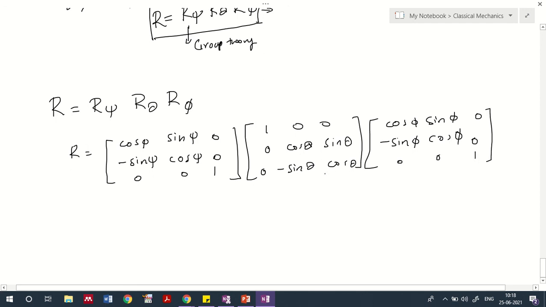This is how we represent it, where this is R psi, this is our R theta, and this is our R phi. You can see the corresponding representation there. If you multiply these matrices with each other, you will get a larger matrix corresponding to that, which you can do by yourself. And what we observe is that we get R as a matrix.